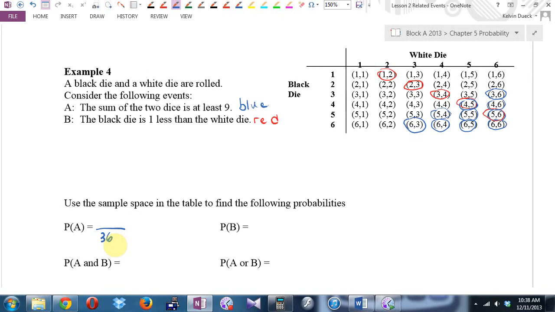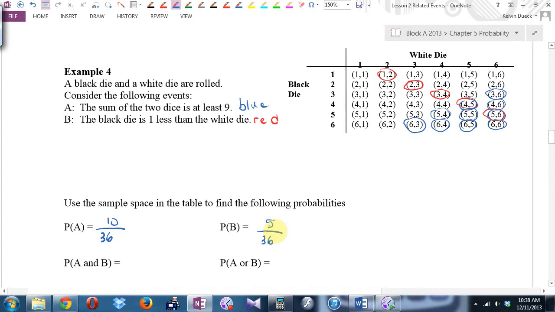I see Seb squinting at my screen, which is fine, but you should be able to look straight down and count, yes? 1, 2, 3, 4, 5, 6, 7, 8, 9, 10, yes? What's the probability of B going to be out of 36? Because there are 36 possible outcomes. 5?